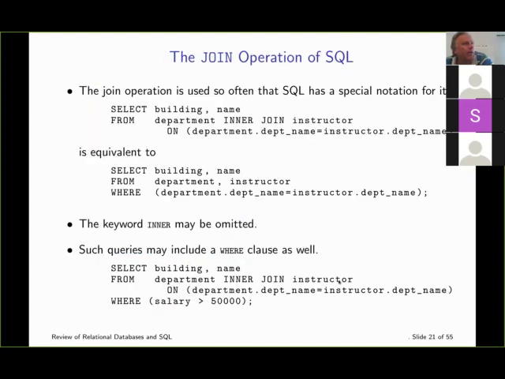All right. The join operation, a lot of times you'll see that you put the join operator inside the from clause. This is what's called a theta join, if you recall from relational algebra. It's specifying which attribute to do the join on. These two are equivalent: this query here and this query here are equivalent.